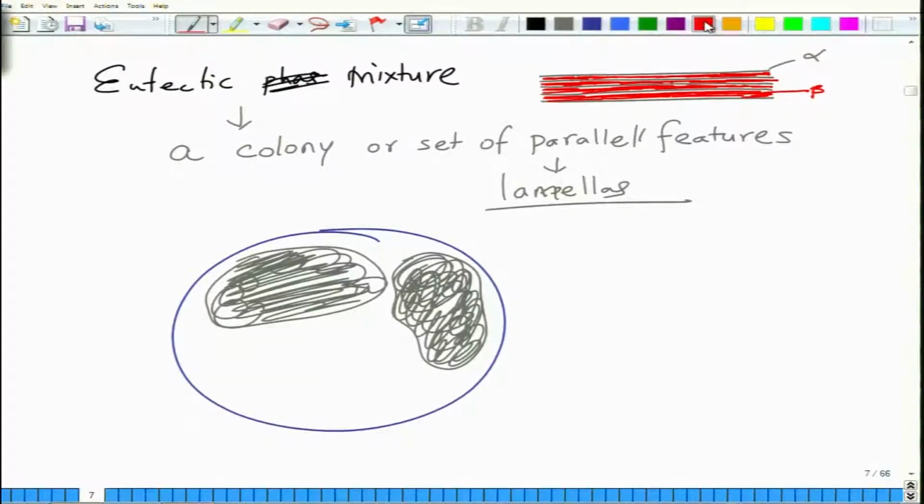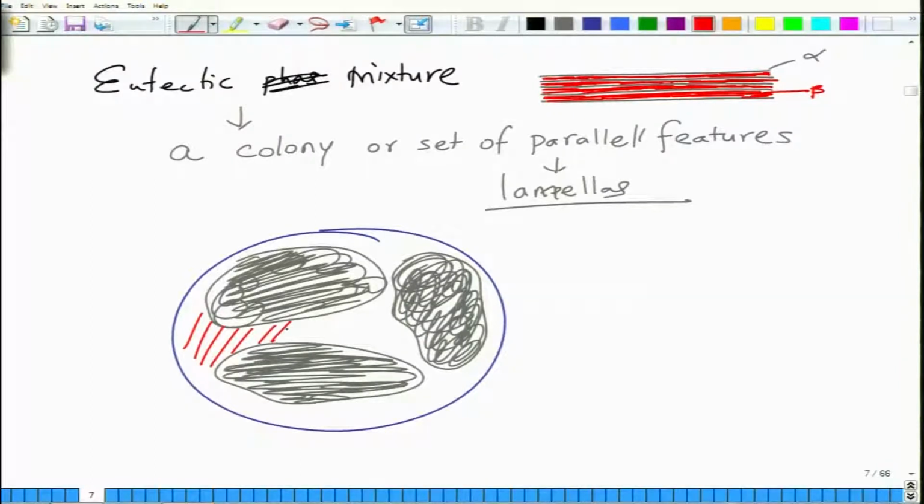And between these regions of alpha you have these plates of alpha and beta growing parallelly.